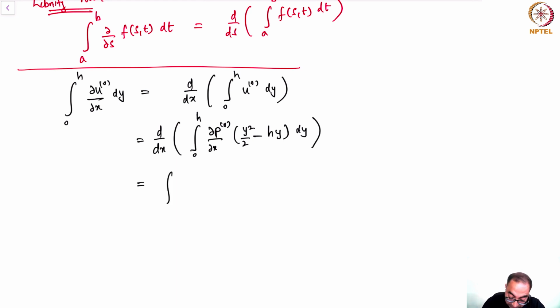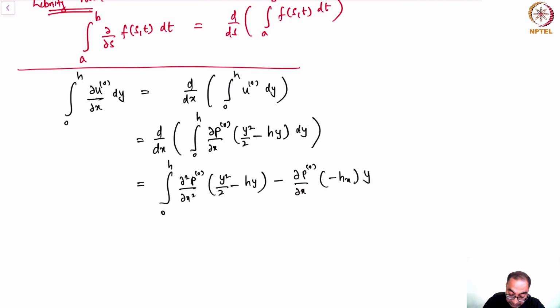So if I do this, I have from 0 to h, ∂²p0/∂x² times (y squared over 2 minus hy), minus ∂p0/∂x times hx times y, right? And this whole thing I have to integrate with respect to y.